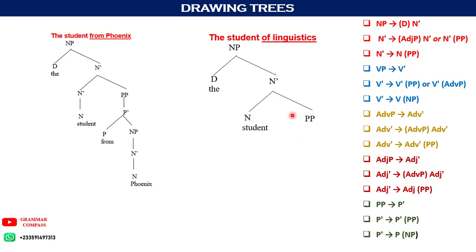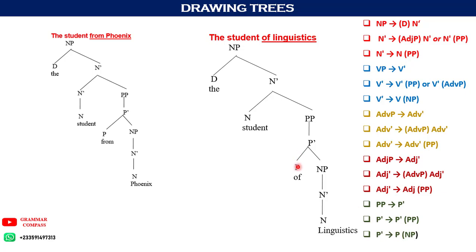So we have our complement of linguistics, and from here you can break it down very easily. What is the minimal form of the prepositional phrase? It will first move to a P bar. Then you ask yourself whether there are qualifiers or adjuncts in this prepositional phrase. We don't have that, so it means that linguistics over here is a complement of the preposition. Therefore, we bring from P bar, we apply the complement rule.